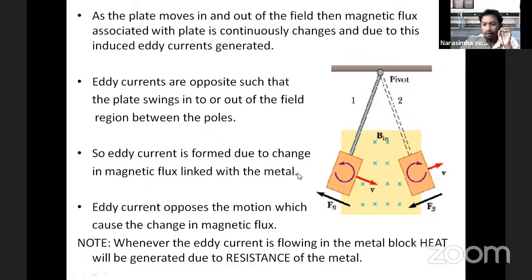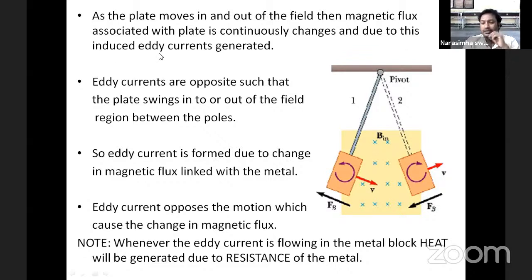I told you, whenever this metallic plate is in motion, it is cutting the lines of force between the two poles. It is always in motion, so the number of lines of force passing through this metallic plate always changes. So due to this change, what happens?